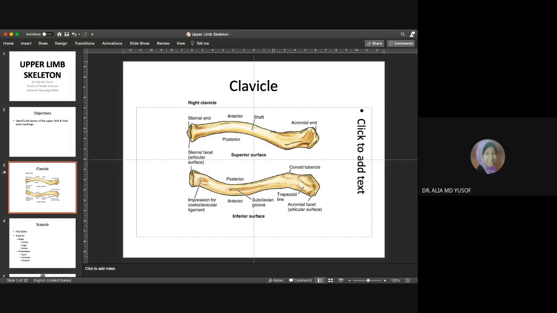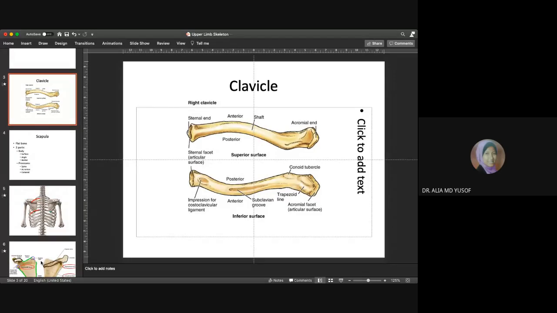Maksudnya you jatuh, kena tembak, kena pukul, itu bukan semula jadi. Or congenital. Congenital pun boleh lah semasa baby nak lahir lah kan, baby nak keluar yang saya cerita tadi. Sebenarnya itu pun iatrogenic lah sebab kita patahkan. Kalau dia congenital, dia terpatah sendiri masa nak keluar. Pun ada juga. Okay. Now, habis clavicle, scapula.